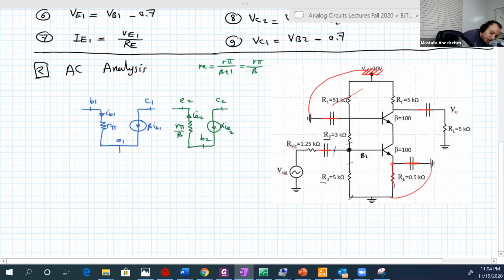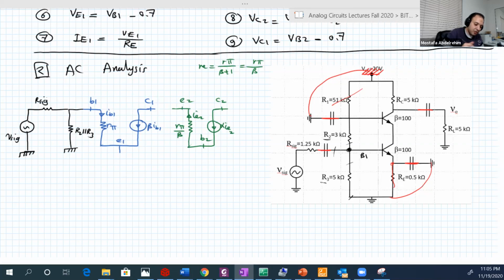So between base 1 and the ground, you have R2 parallel R3. And you have then R signal and V signal. This is V signal, and here is R signal. We finished with base 1.